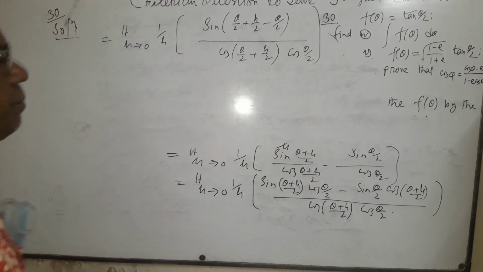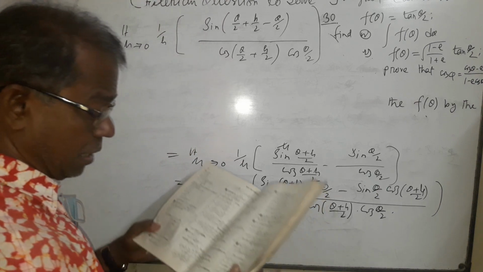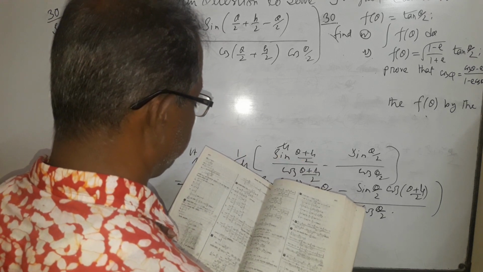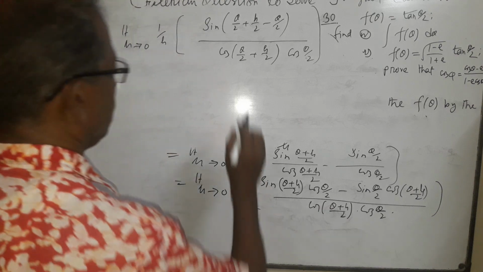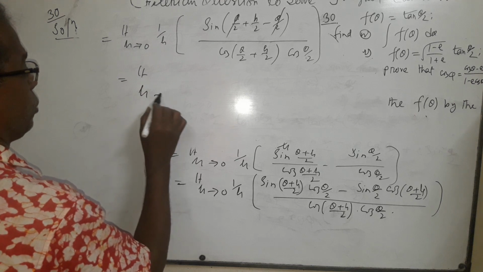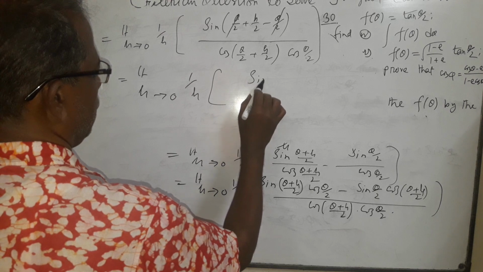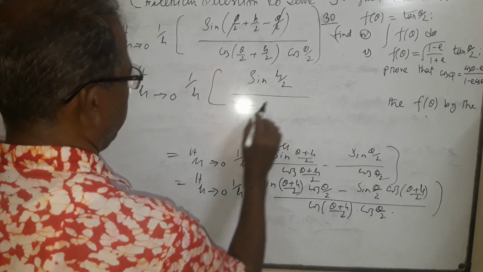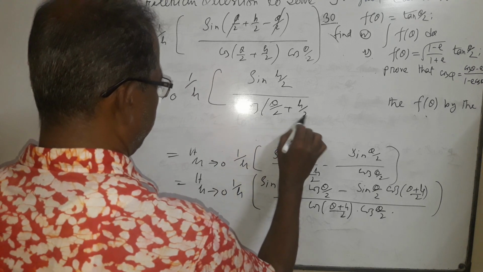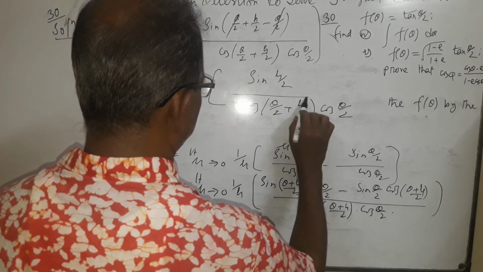Well, it's also an easy process and easy things. So limit h goes to 0 of 1 divided by h into sin h divided by 2 divided by cos theta divided by 2 plus h divided by 2 into cos theta divided by 2.